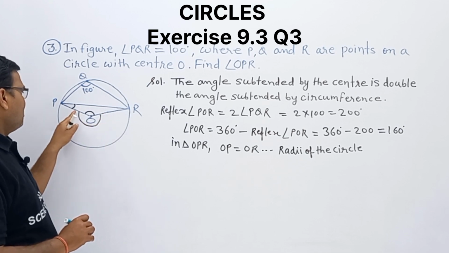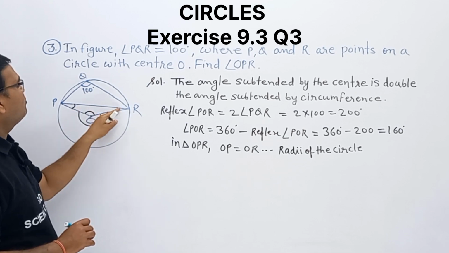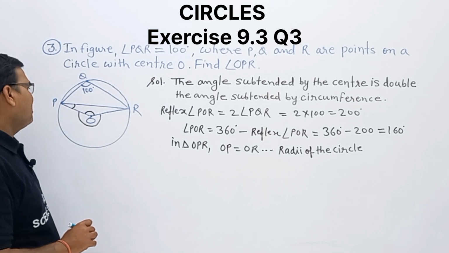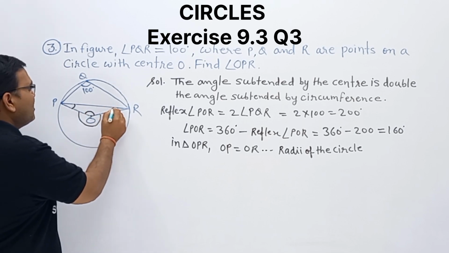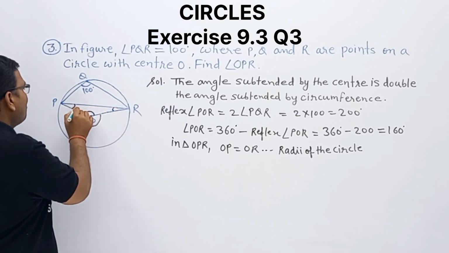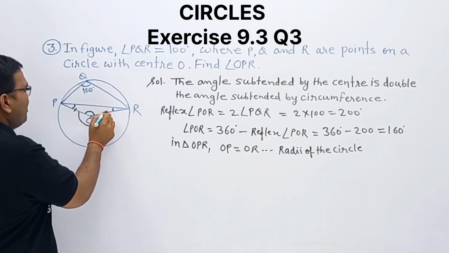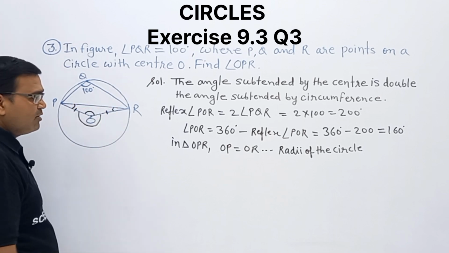So these two sides of this triangle are equal, so the opposite angles will be equal. Equal sides, opposite angles will be equal.